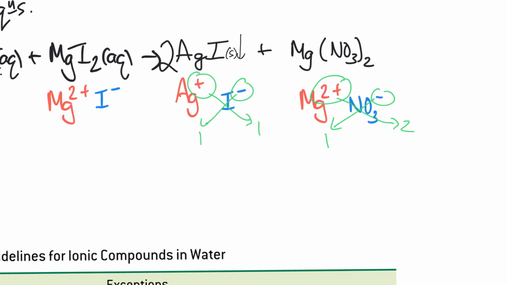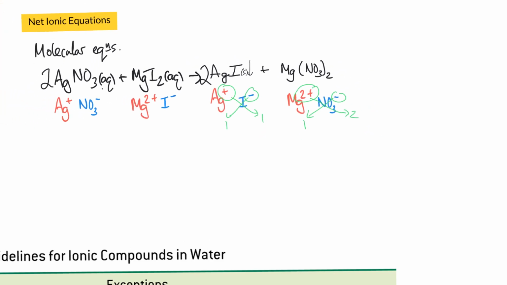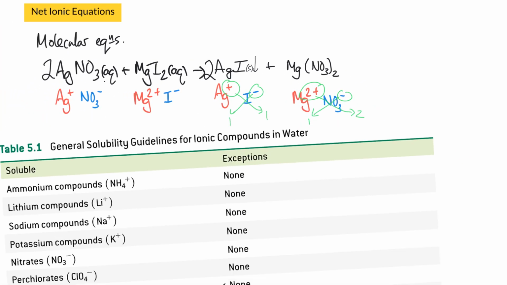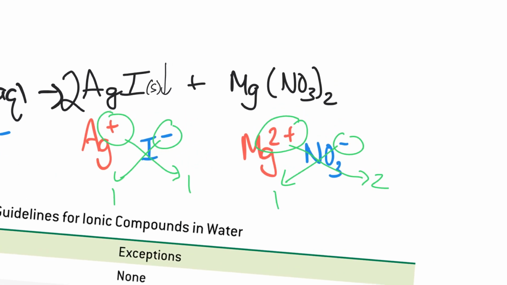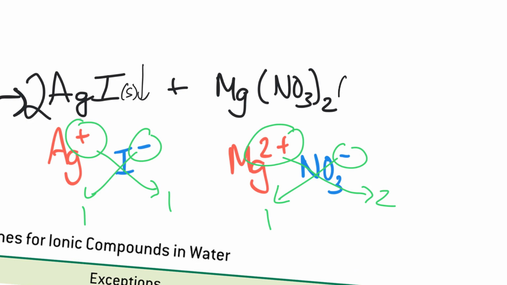Okay, and there's the Mg(NO3)2 at the end. Again, if we zoom back out and look at our solubility rules, what do we see for that? Well, magnesium's not mentioned on the list. Nitrate, though, is soluble with no exceptions. And so since it is soluble with no exceptions, we can put a little S. Oops, sorry, we don't put an S there, do we?